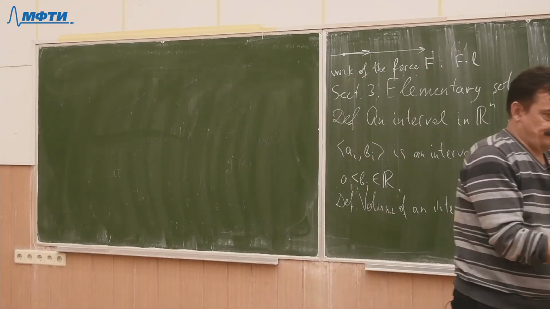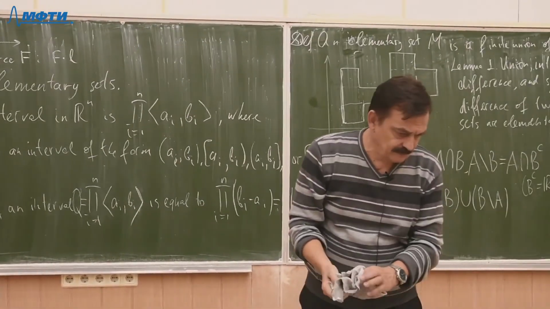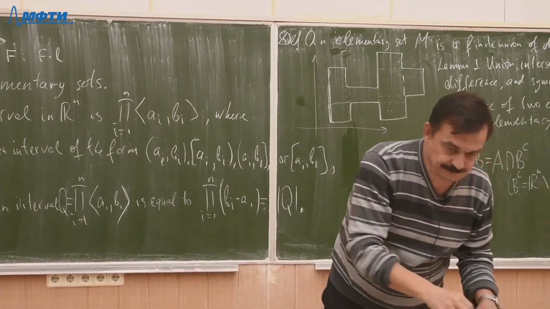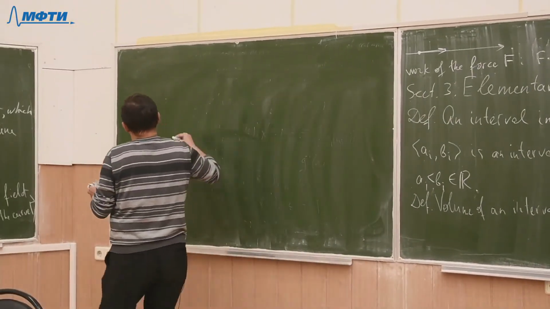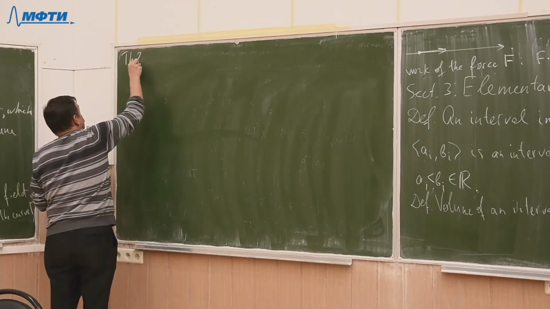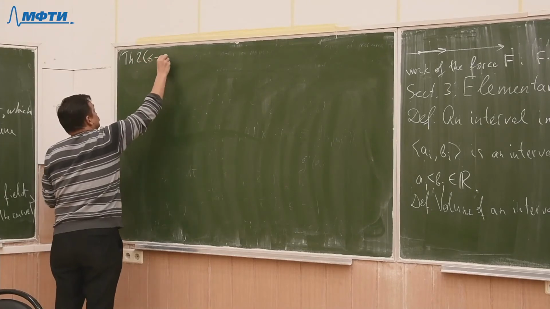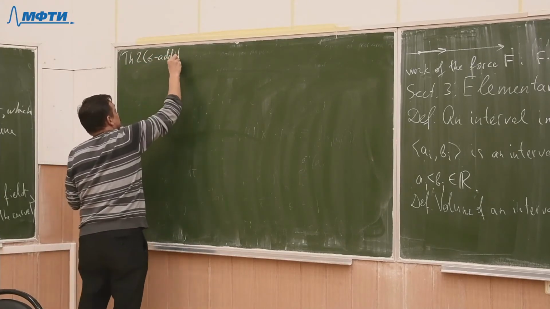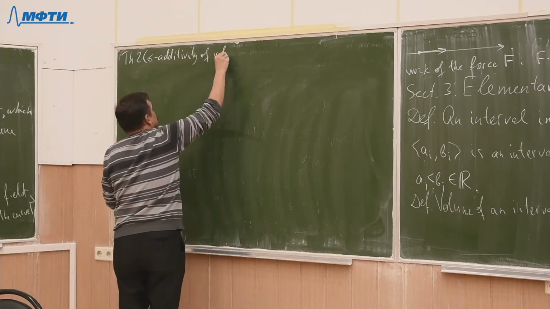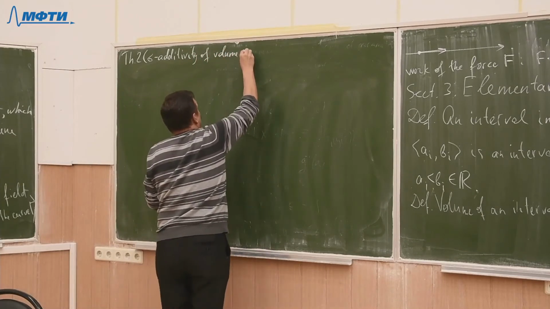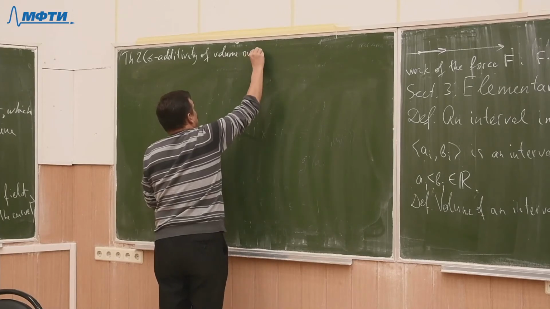I'll call it Theorem 2, sigma additivity of volume over elementary sets.